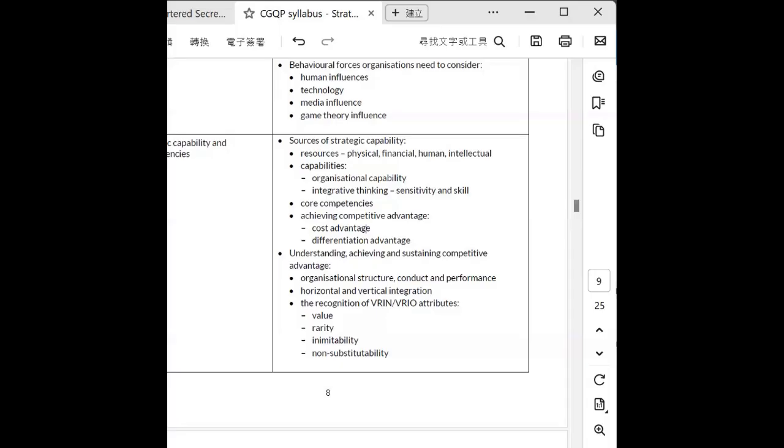We have the resources: physical resources, which are the tangible assets, buildings, machineries. Financial resources refers to your capital, human resources, employees, intellectual resources, maybe something like patents, brand reputation, organizational culture, etc., that could differentiate your firm from the competitors.